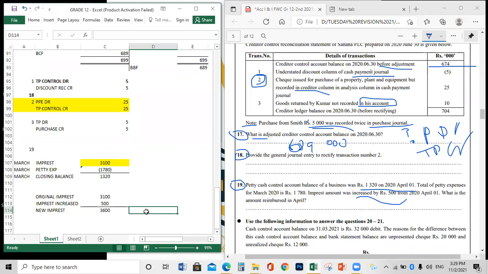How much cash balance does the petty cashier have at the start of April? Just give me 1 minute.